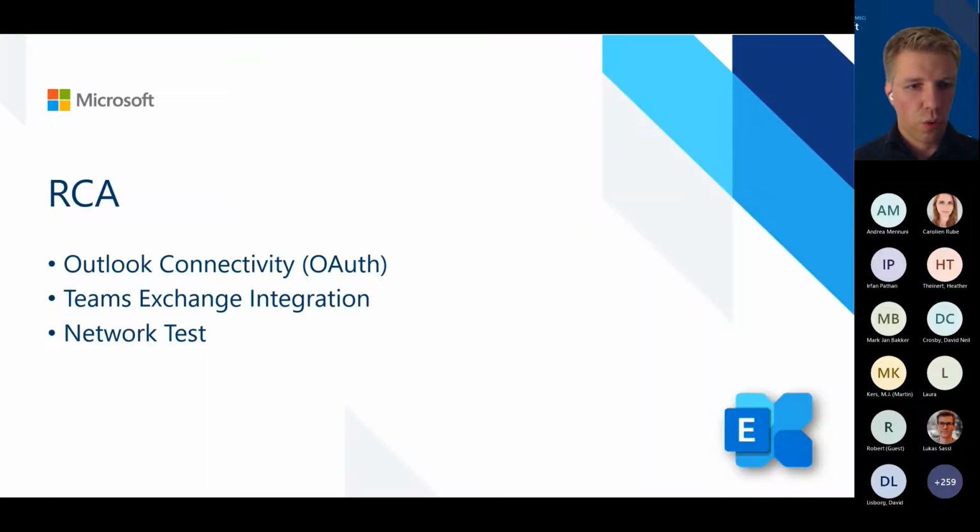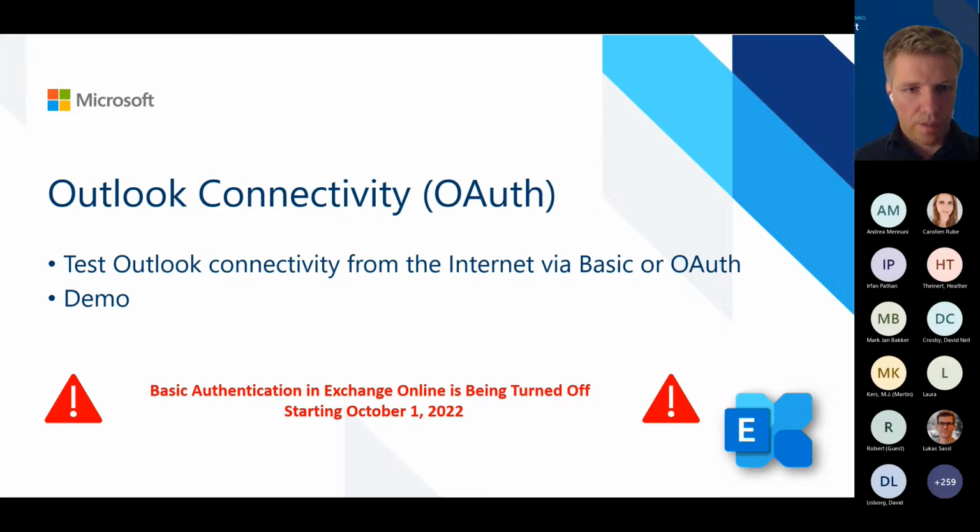I want to show you three things. The first thing is the Outlook connectivity OAuth. The second thing is the Teams Exchange integration, and the last thing I want to show you quickly is the network test. Let's start. Outlook connectivity OAuth. A lot of you already noticed the time when we are disabling basic authentication is coming fast.